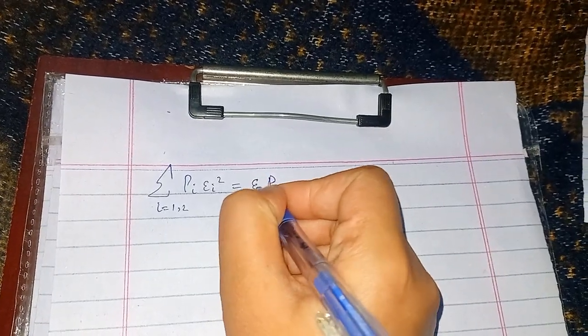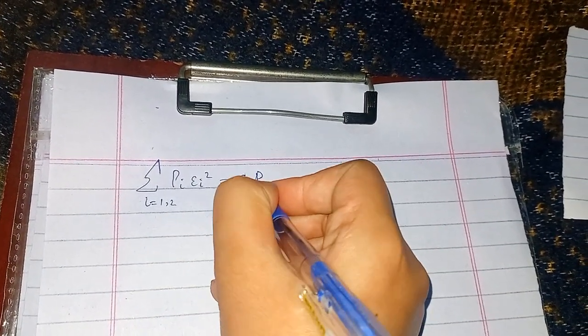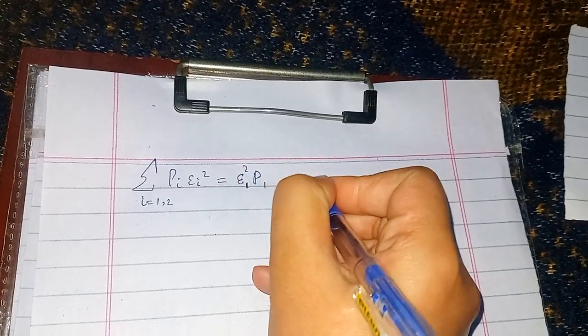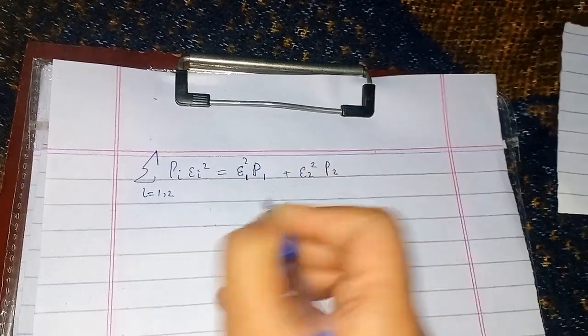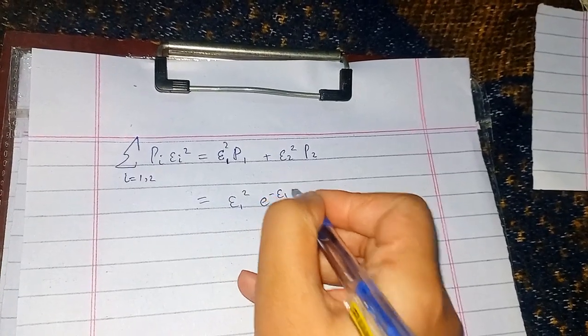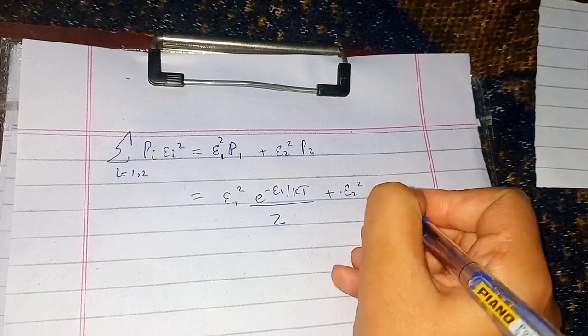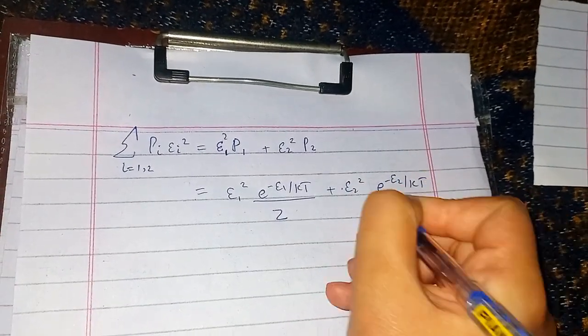We can expand it. E1, I'm just gonna write e first. E1 square p1 plus e2 square p2. Let's put the value of p1 as well, e to the power minus e1 by kt by z, plus e2 square e to the power minus e2 by kt by z.